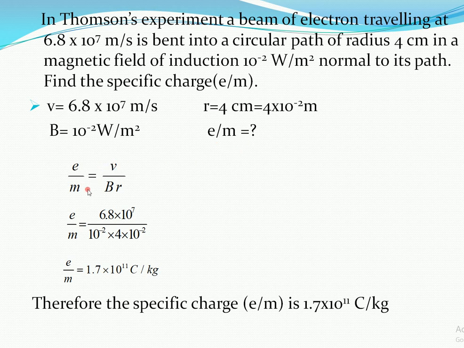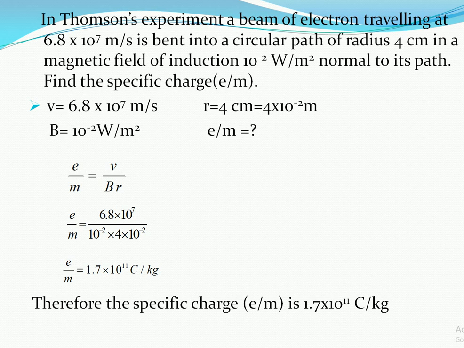The formula is e/m = v/(Br). By putting these values, we get e/m = 1.7 × 10^11 coulomb per kg. Therefore, the specific charge e/m is 1.7 × 10^11 coulomb per kg.